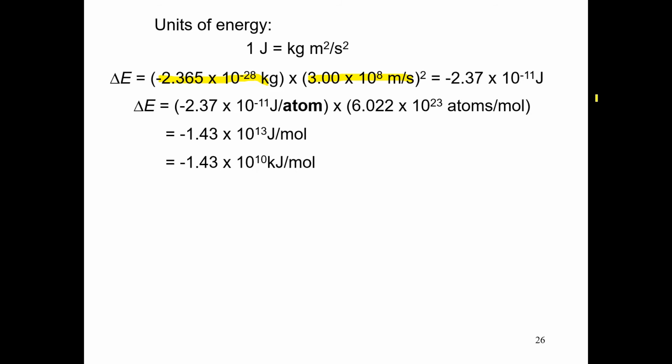Ordinary chemical reactions typically have enthalpies in the hundreds to 1000s range. For example, the combustion of octane, which is the energy that is used to power our combustion vehicles, is on the order of like minus 5,000 kilojoules per mole.